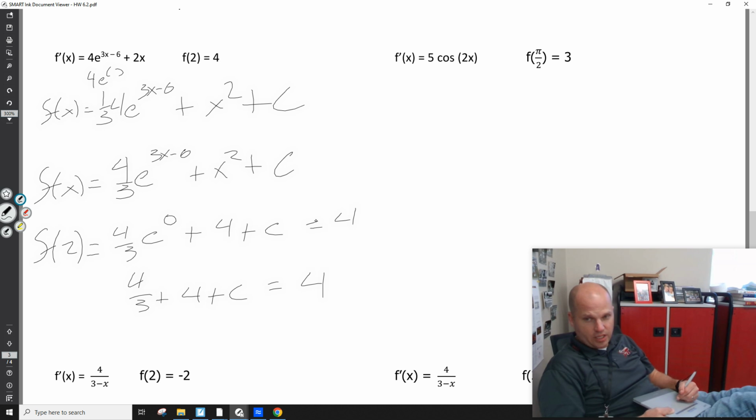Plug in 2, it should equal 4. 16 thirds plus c equals 12 thirds. C equals negative 4 thirds.